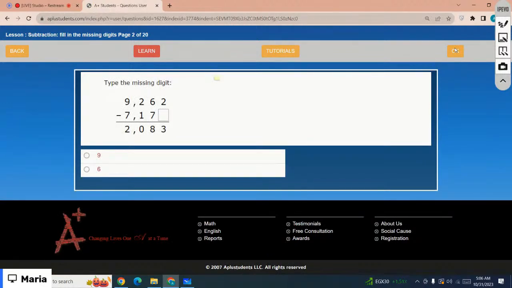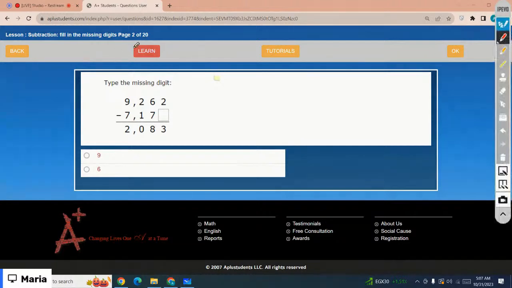Okay, the next one is type the missing digit. Okay, so which digit is missing? Options you have 9 and 6. 2 minus which number is 3? Which is the correct option?